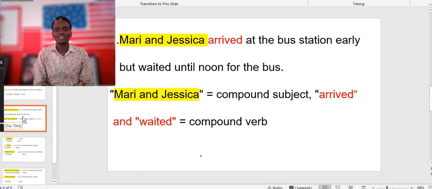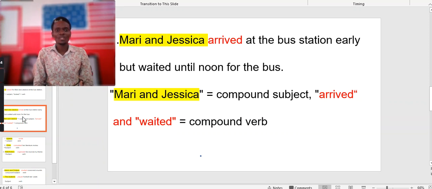Mary and Jessica arrived at the bus station early but waited until noon for the bus. Mary and Jessica, you know what that means now? Compound subject. Arrived, your verb.